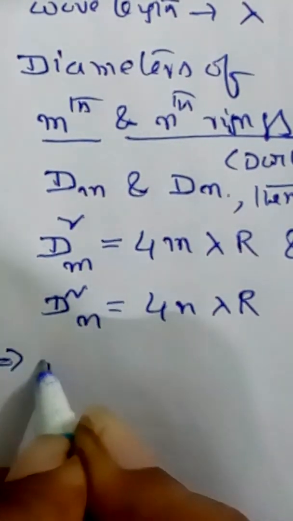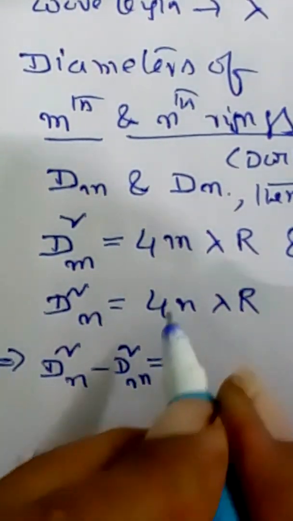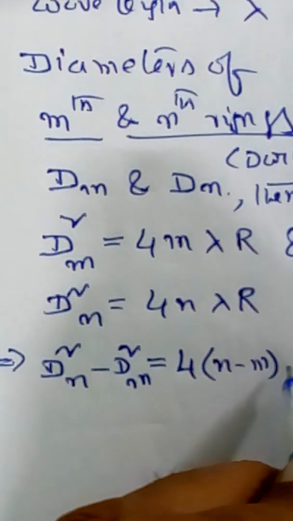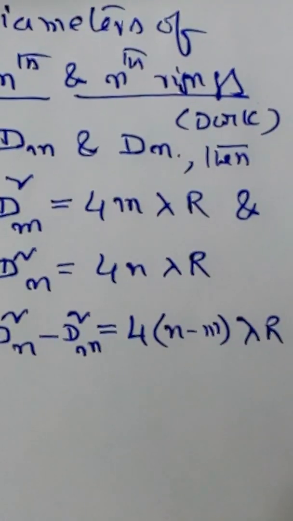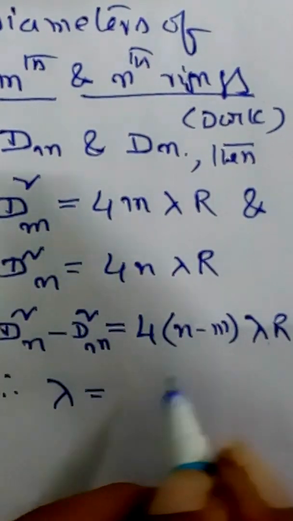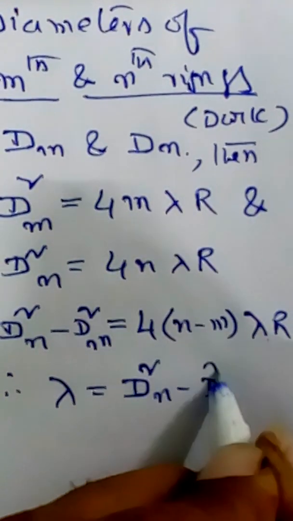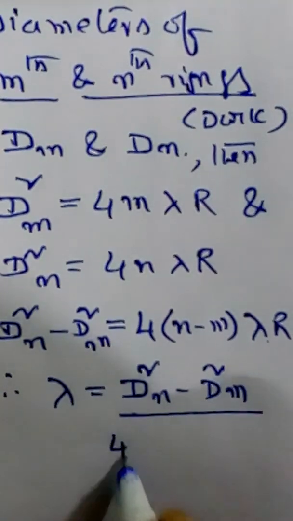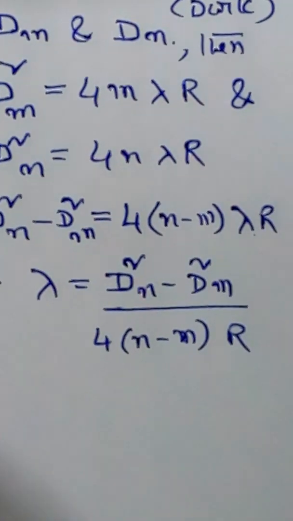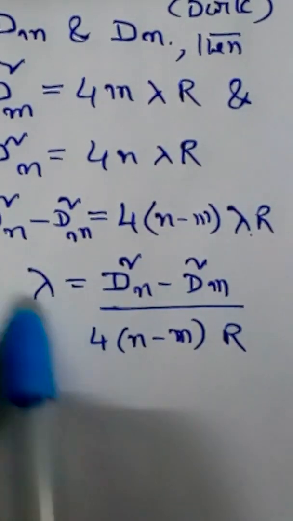If you want to calculate d square n minus d square m, that is equal to, taking 4 common, 4 into (n minus m) into lambda R. We want lambda, so lambda is equal to d square n minus d square m divided by 4 into (n minus m) into R. So this is the expression to be used for calculating the wavelength of a light source.